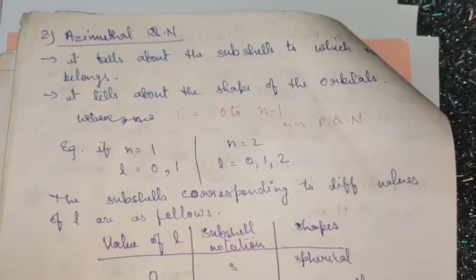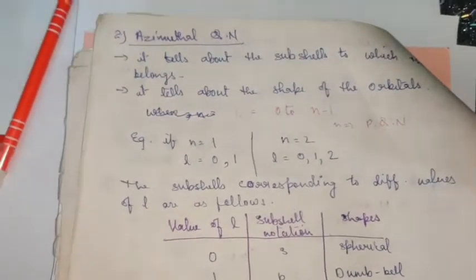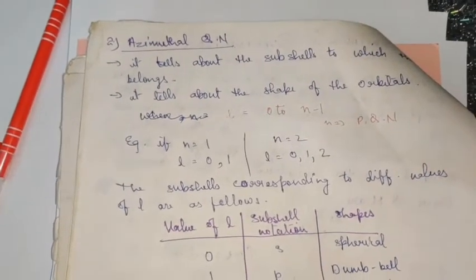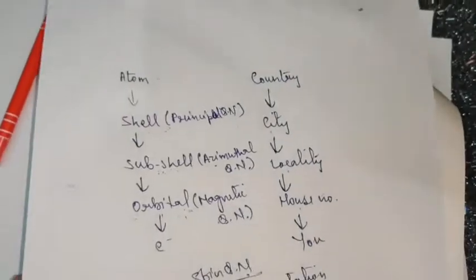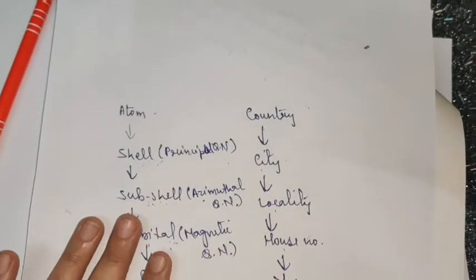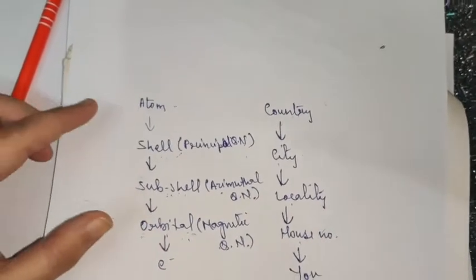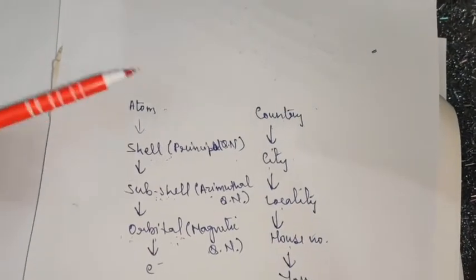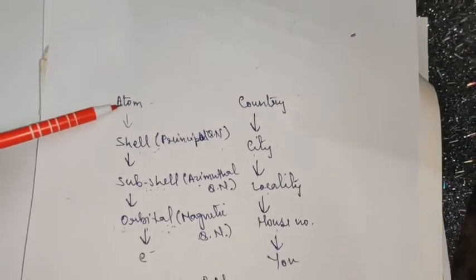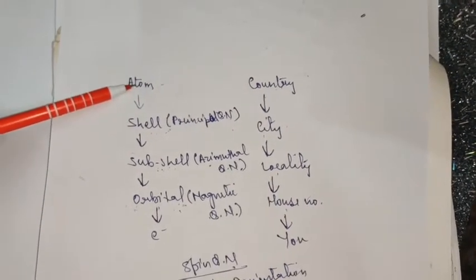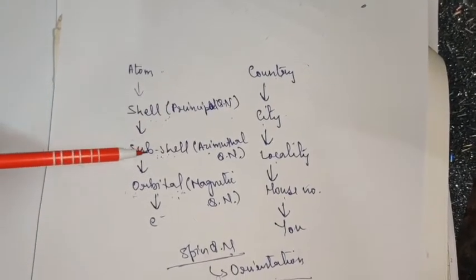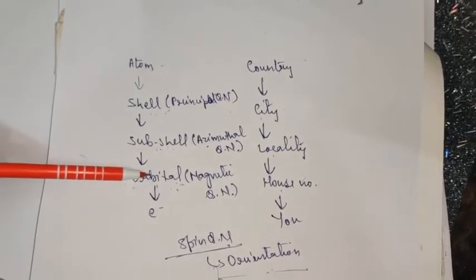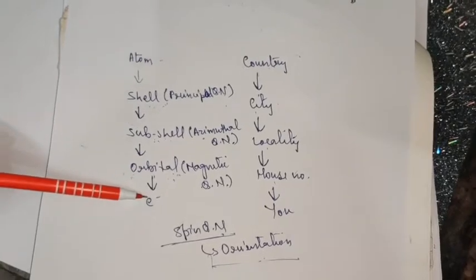To locate an electron in an atom, first of all you need to find the atom in which you are looking for the electron. Then you move into the shell, then the subshell, then the orbital, and then gradually to the electron.